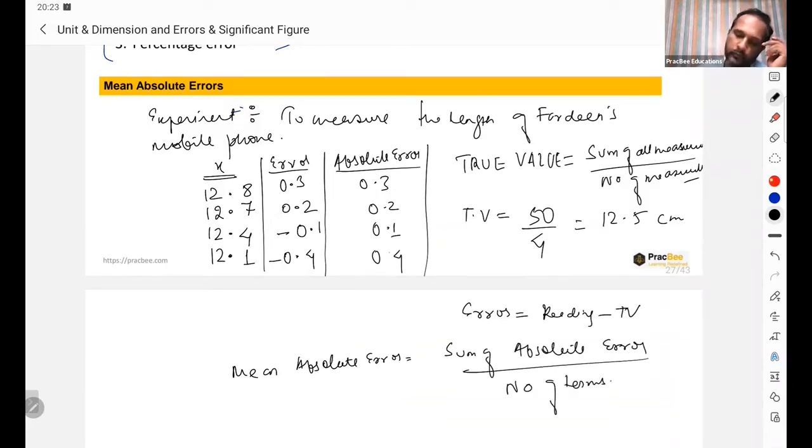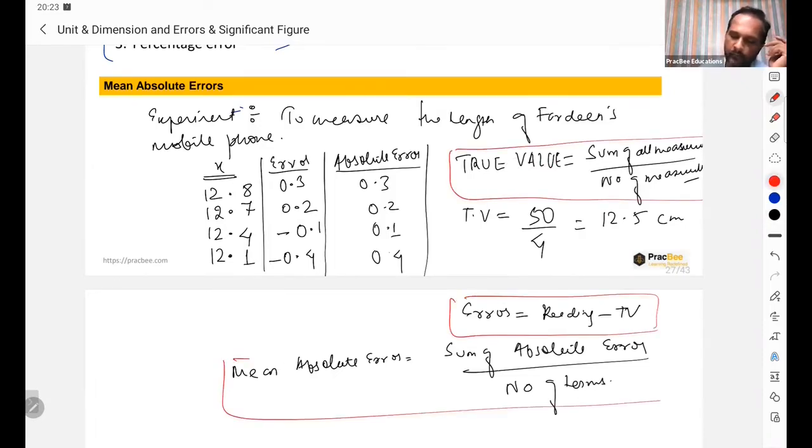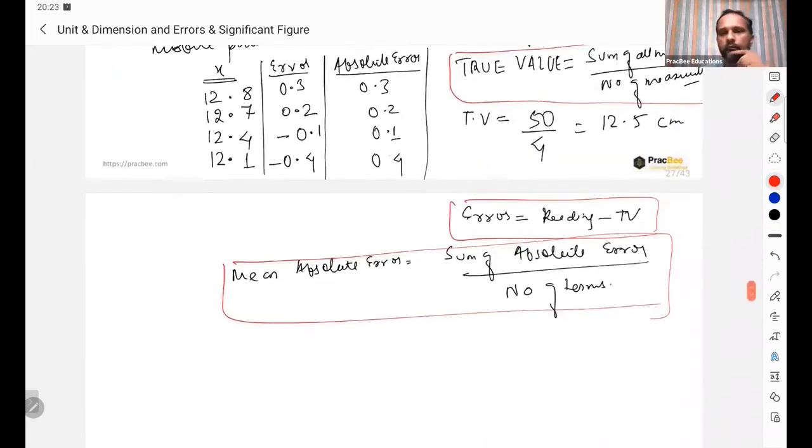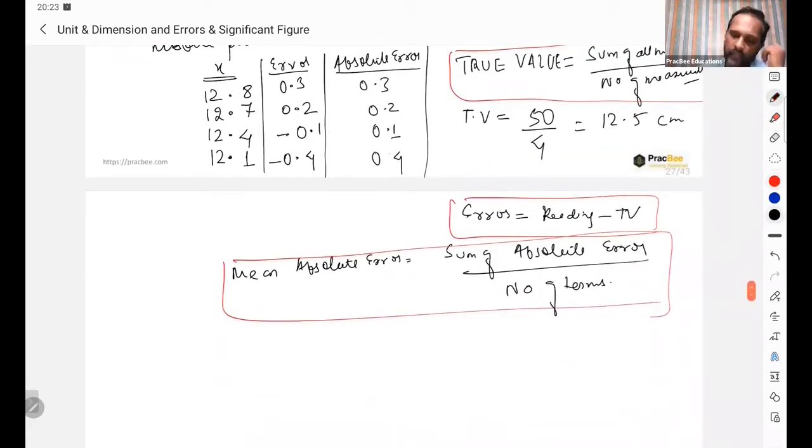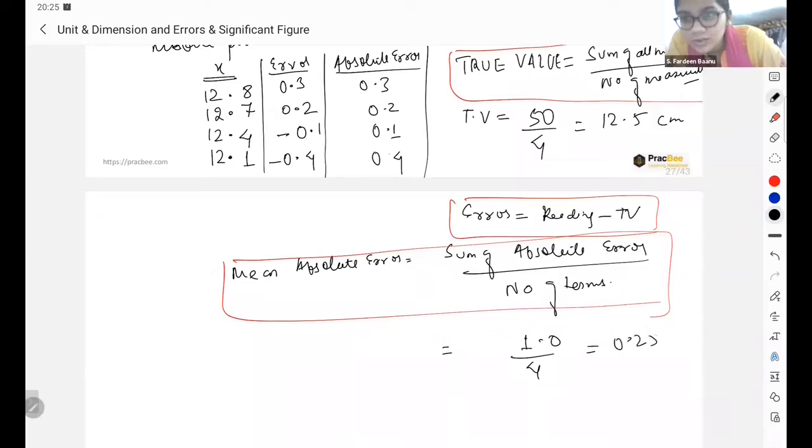So many terms I have defined: true value, error, mean absolute error. So the sum of that is 1.0, divided by 4, 0.25.